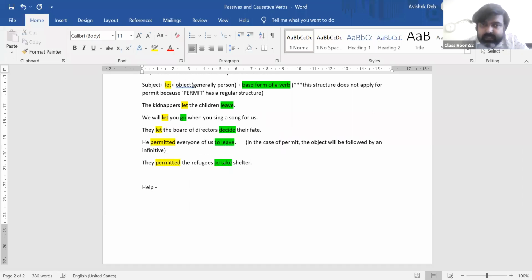So when help is a causative verb, it's used to assist someone do something. So can you frame sentences now? Because I have given you so many examples. Can you use help as a causative verb?